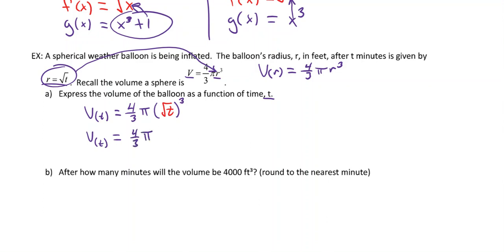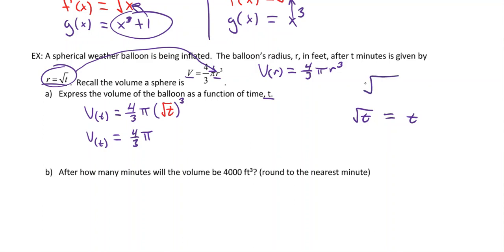How can we rewrite this a little bit differently? Do you guys remember how we write the square root of something as an exponent? What would the square root of t be as an exponent? That would be t to the power of... 1/2, right? Here, I'll remind you guys.